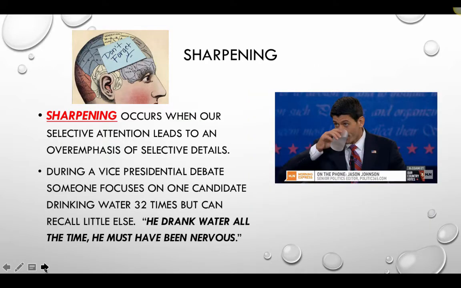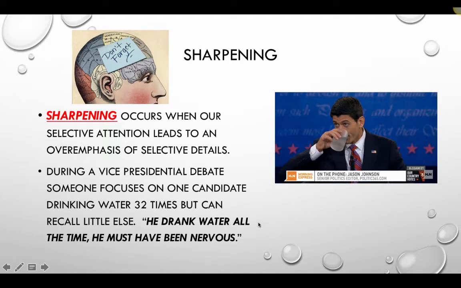On the other hand, sharpening can also take place, in which our selective attention is drawn to such a specific finite detail that other details, whether contextual or otherwise, are forgotten because they're not noticed. An example I remember from a couple of years ago: during a vice presidential debate, someone focused on a candidate who drank water over 32 times during the 1 hour debate.